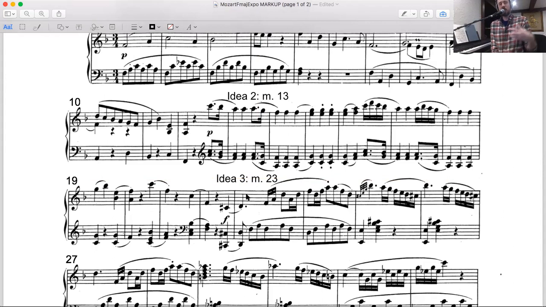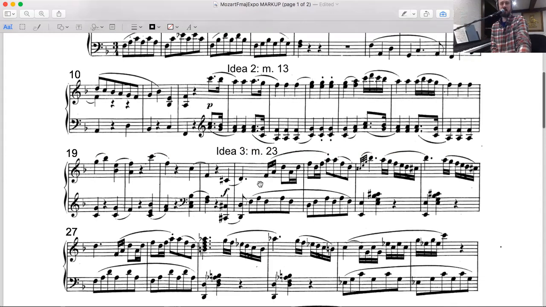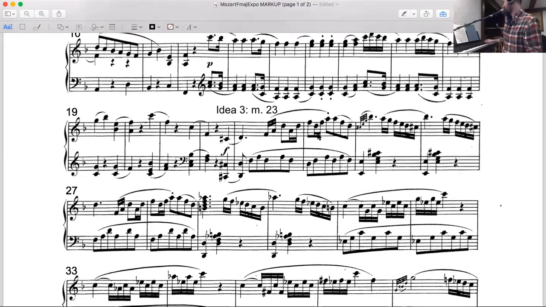I mean, each of these ideas could be their own piece, really, right? They could be their own thing. So there we go. This awesome falling pattern here, and then we do it here on B, right?